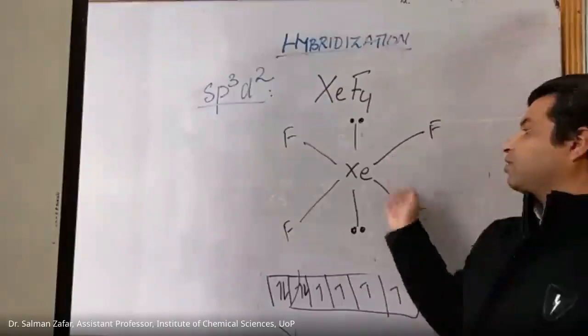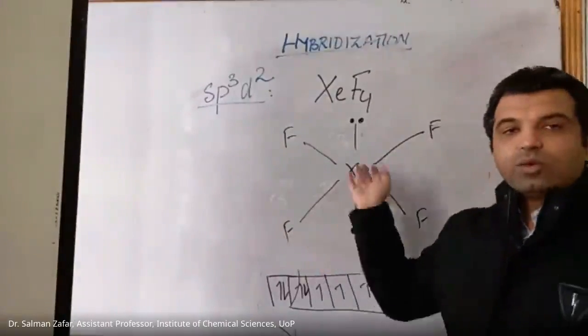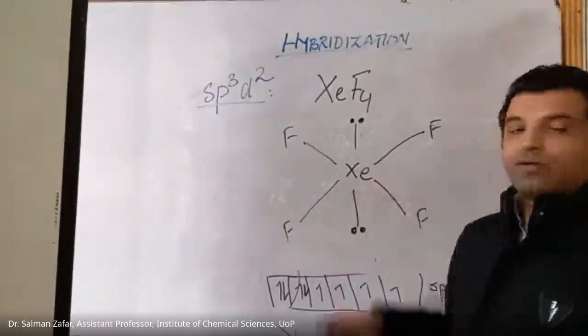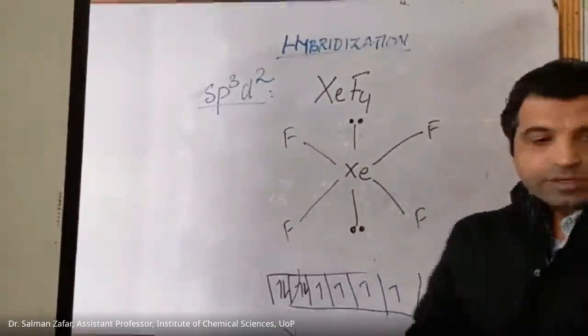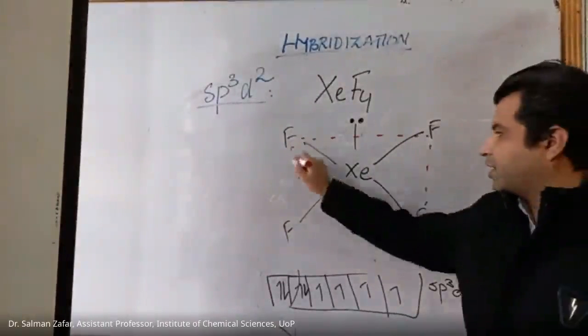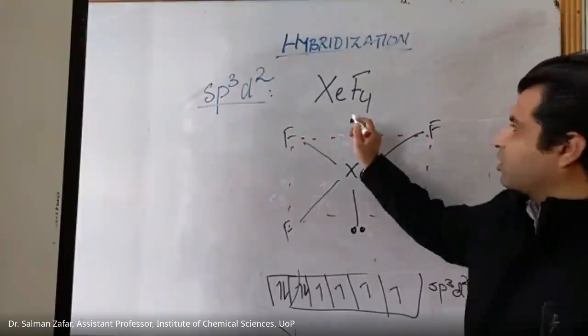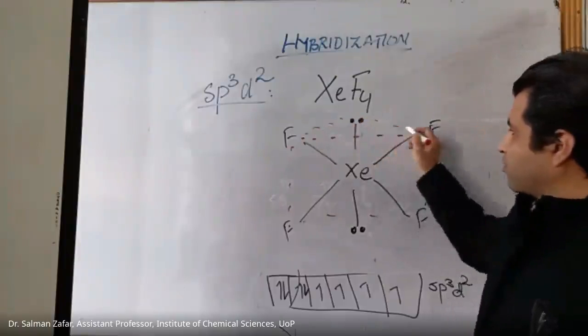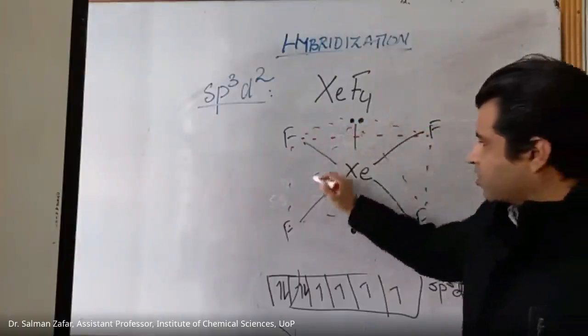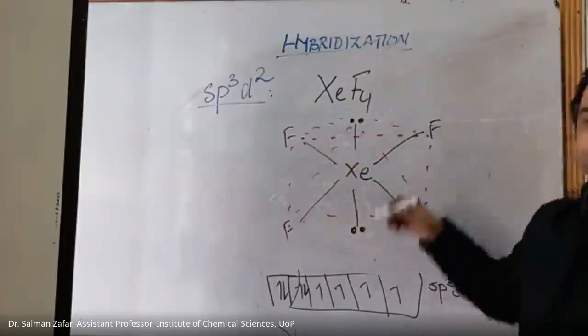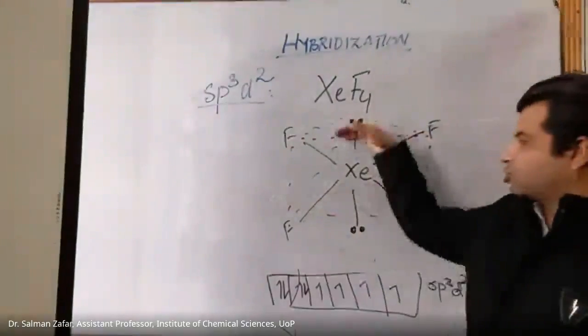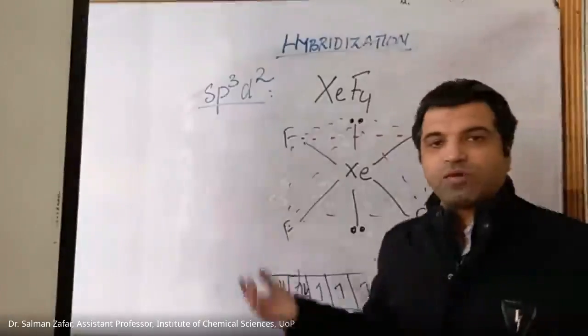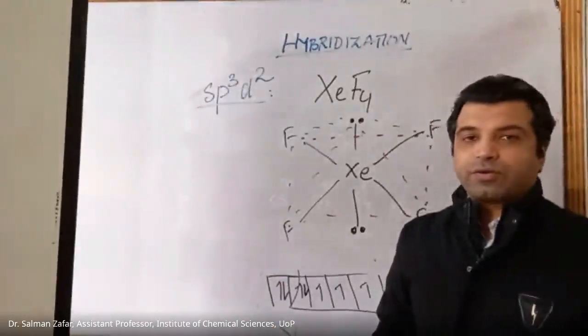Now you see that they have 90 degrees angle with all the xenon fluorine bonds, and now you can see that again it has an octahedral geometry. You can form the octahedron like this, okay, and 4 faces on top and 4 faces below, so it forms a perfect octahedron. Right?